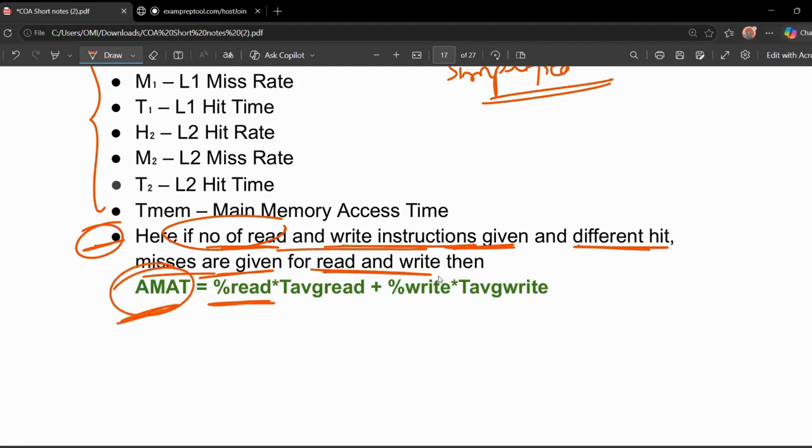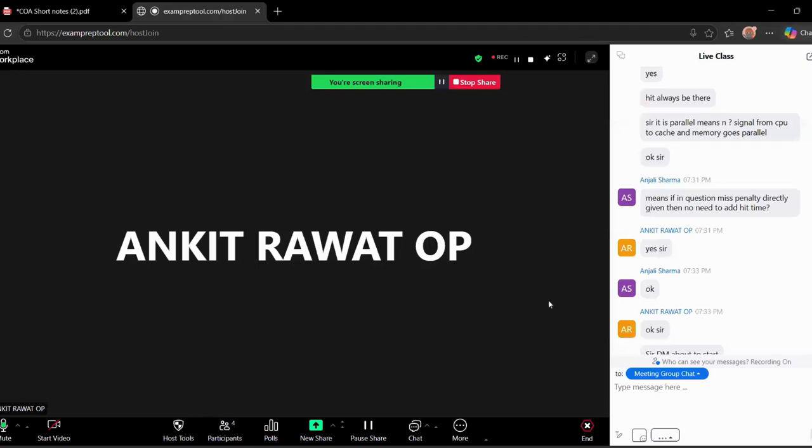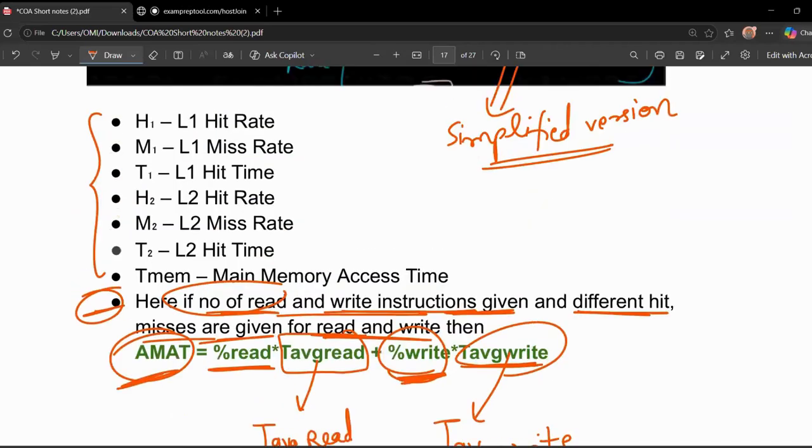Percentage of reads into average memory access time in case of read, plus percentage of writes into average memory access time in case of write. This way you have to find it if the number of read and write instructions and different hit and miss are given.